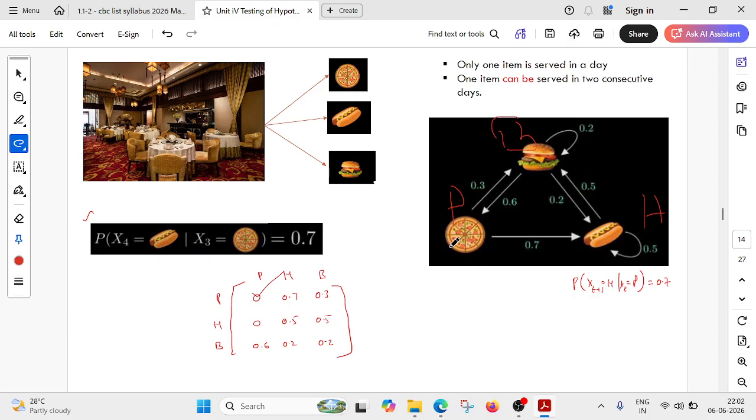And then P to H is there, yes, it is 0.7. And H to B is there, yes, and then you need to write 0.3. Like that, each row has to sum to 1, 1, 1, based on this data.